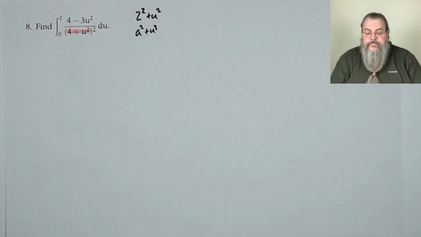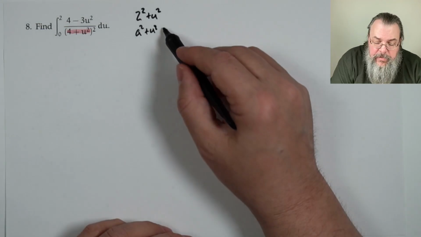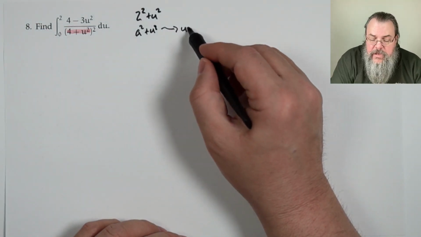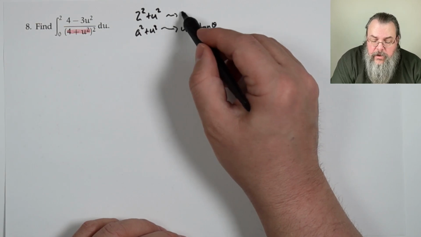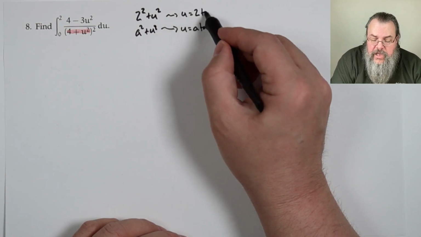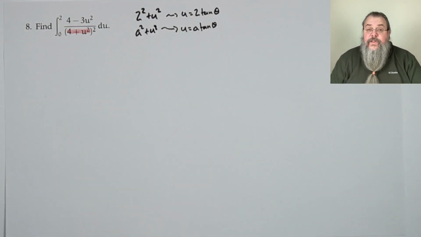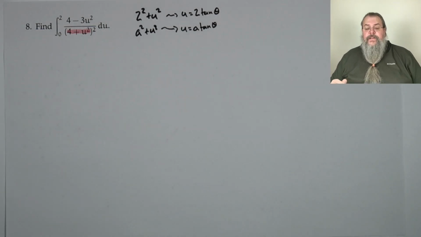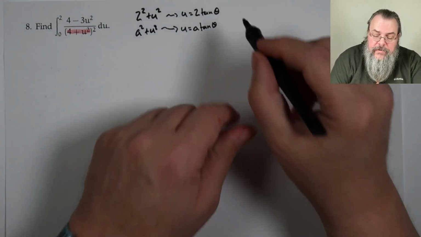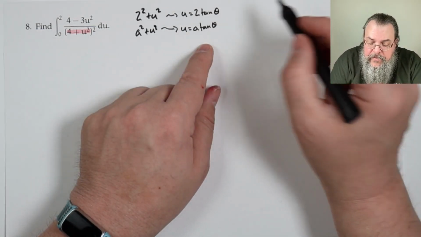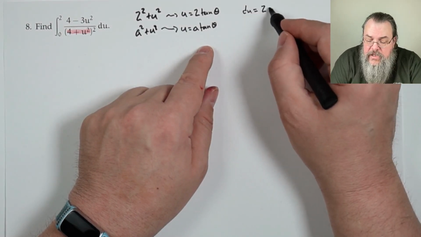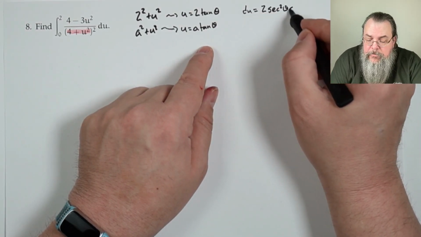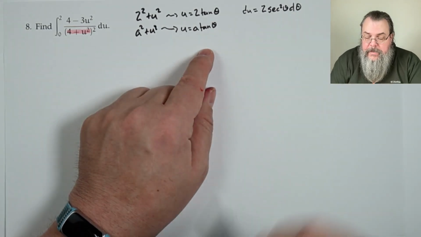And now what's the substitution that we make? In this case, we do u equals a tangent theta. So we'll let u equal 2 tangent theta. So there's our substitution. And we don't have any square roots, but we'll still do a couple of things here. We'll note that du, derivative of tangent, is secant squared, because we'll need that.